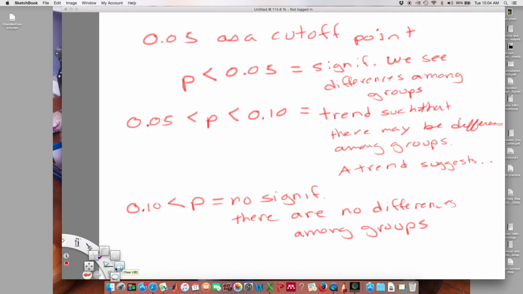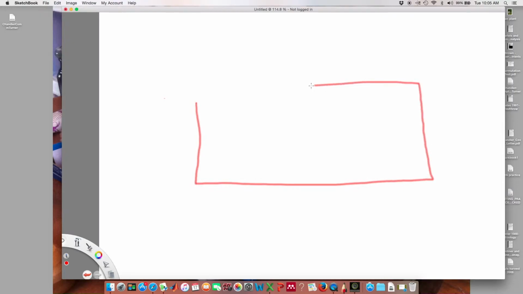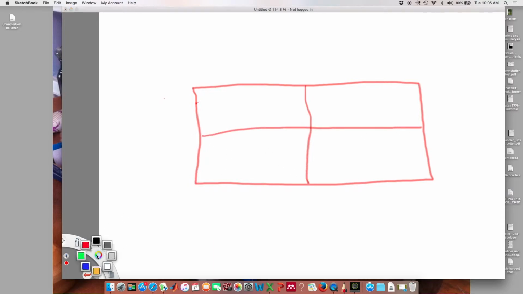So just like we did the courtroom example a minute ago, let's go ahead and do a scientific example. So let's draw this same square, if my pen will work. Draw it a little bigger this time. All right. I'm going to switch the colors up a bit.